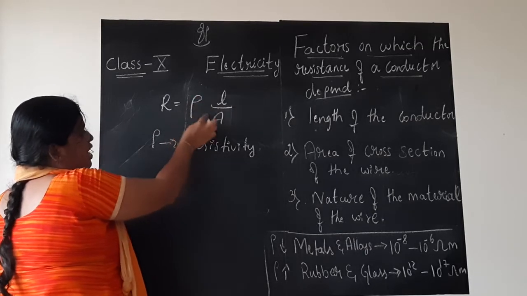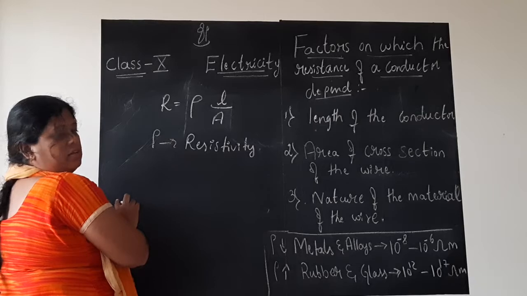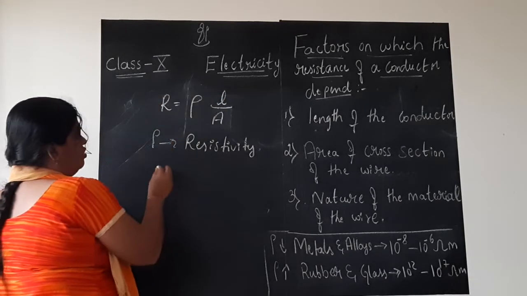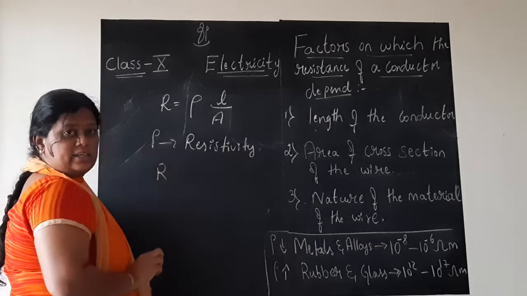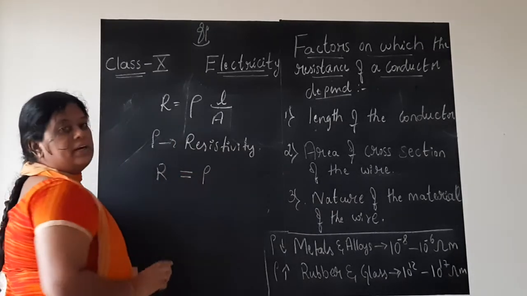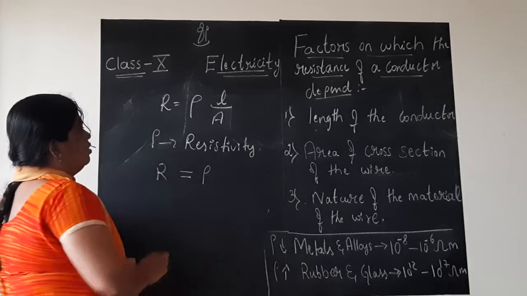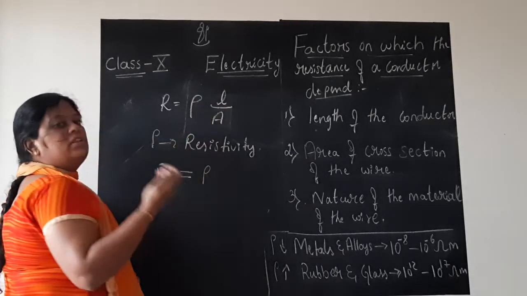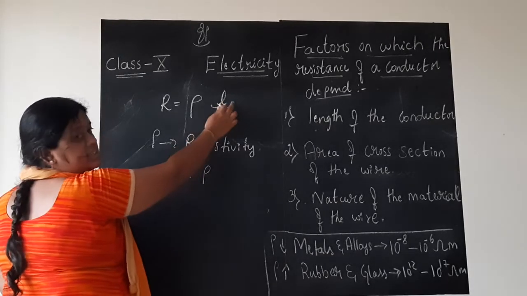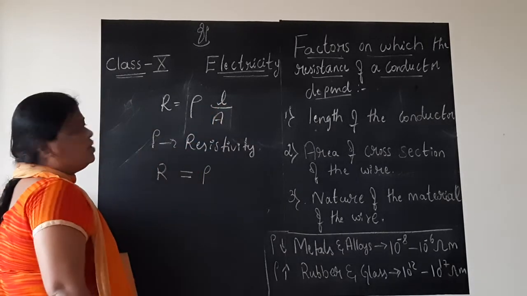Rho is on the RHS, and only R is present on the LHS. So I retain R, the resistance, on the LHS as it is, and the equal to sign as it is. Rho I will keep as it is, since that is the one I want to find out. Length and area, both factors, will be known to you. So how to send this L and A to the LHS is the question now.